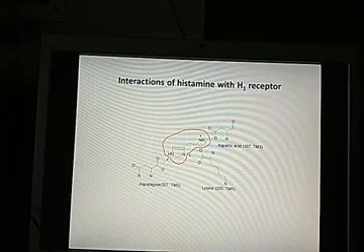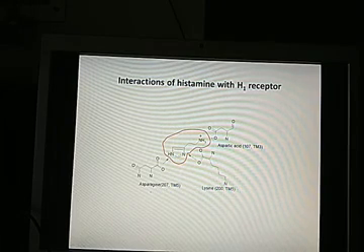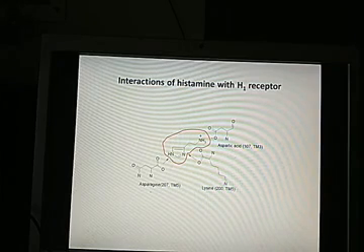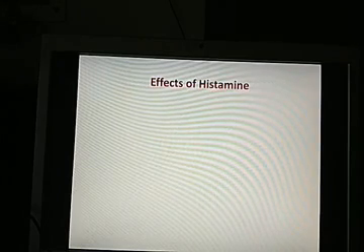Okay, so these are the interactions of histamine with H1 receptor. So we have three amino acids at the active site which are responsible for the interaction: asparagine, lysine, and aspartic acid.